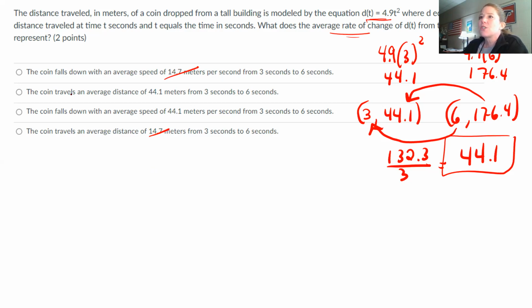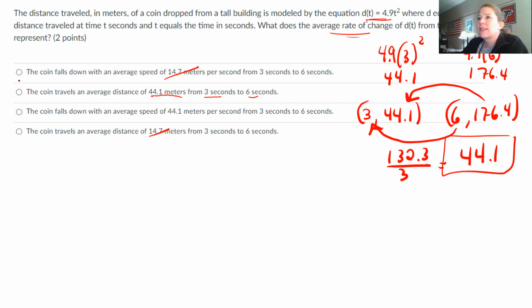So it says a coin travels an average distance of this many meters from 3 seconds to 6 seconds. A coin falls down with an average speed of 44.1 meters per second from 3 seconds to 6 seconds.